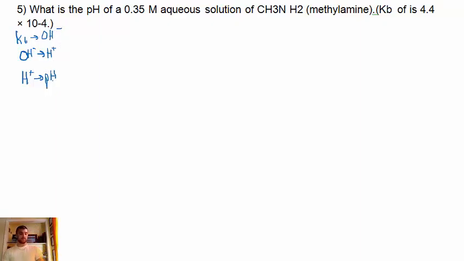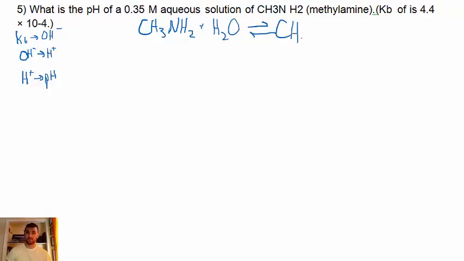All right, let's start with what we can. Methylamine, CH3NH2, plus water is going to give me CH3NH3 plus and OH minus.